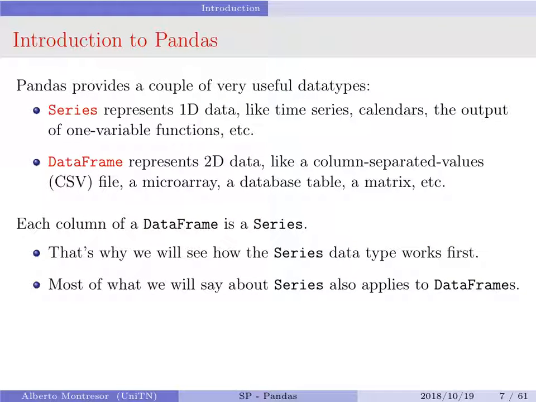So the idea is that pandas has 2 data types. You may recognize this taken from other systems like MATLAB or R, etc. The concepts are similar, but for those of you who do not know anything about these kinds of systems, the idea is that you have series, which are one-dimensional data, like time series, calendars, the output of one-variable functions, and so on, okay?